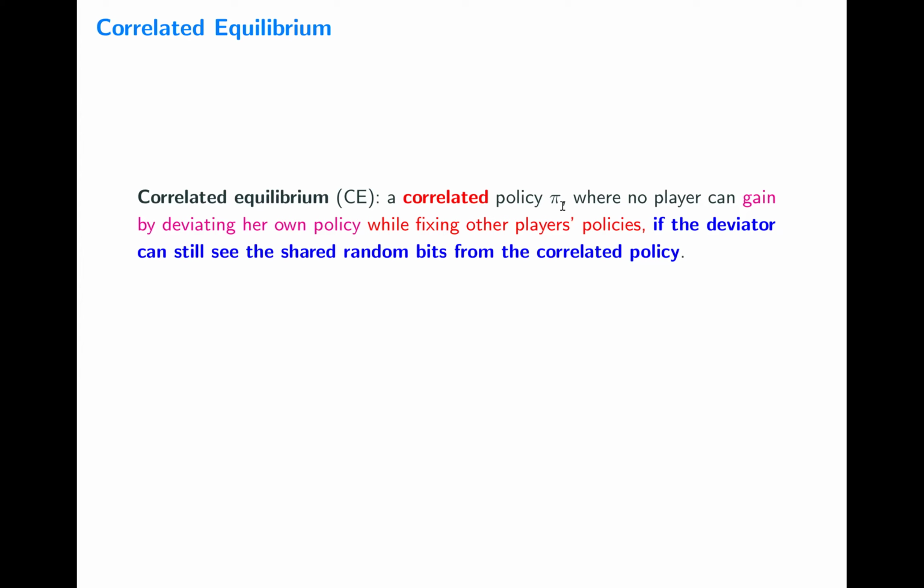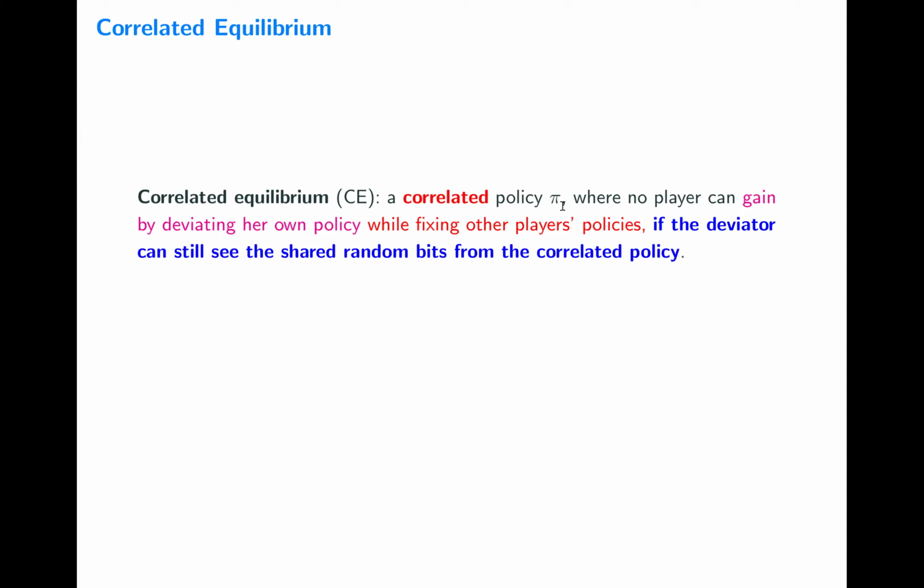It can be some general probability over the joint action, where again we have the same characteristic of equilibrium. That is, no player can gain anything by deviating from her own policy if other players just stick with this correlated equilibrium. And because we realize this correlated policy, there's one additional thing: we need to have some coordinator in the beginning to roll some dice to show some shared randomness.